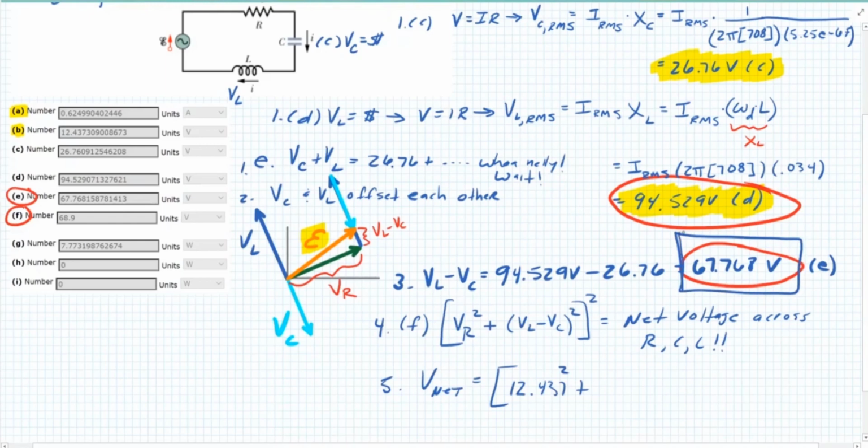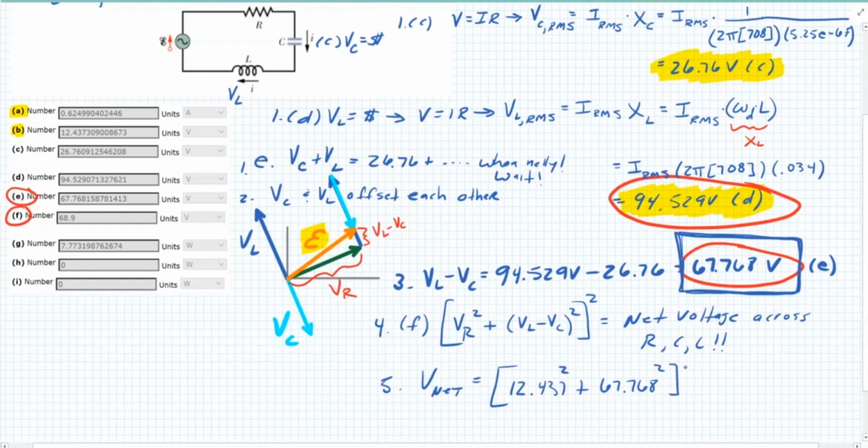So I already have that. This is VL minus VC, the net effect of my voltage drop across the inductor and capacitor. That is already sitting there in my answer to part E, which was 67.768 and some change, squared.